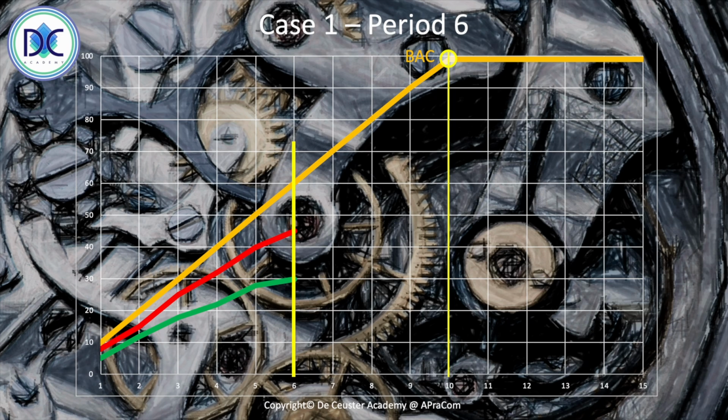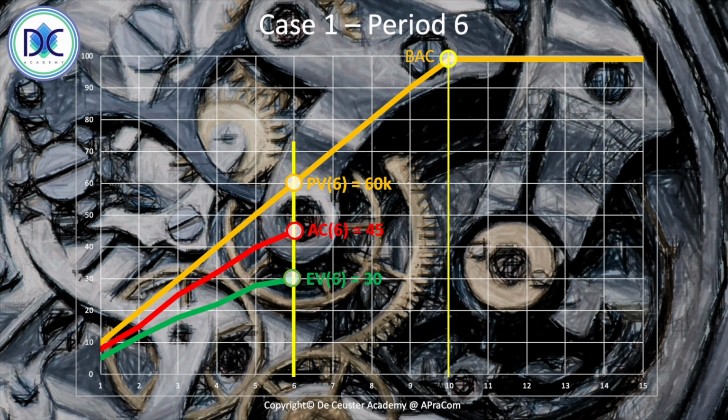The second thing we consider is the situation at period 6, where we have the two lines: the red line, which is the actual cost, and the green line, which is the earned value. We can read here that the planned value in period 6 is 60K. The earned value is 30, and the actual cost in period 6 is 45. Based on this, we can conclude that our project is behind schedule and above budget.